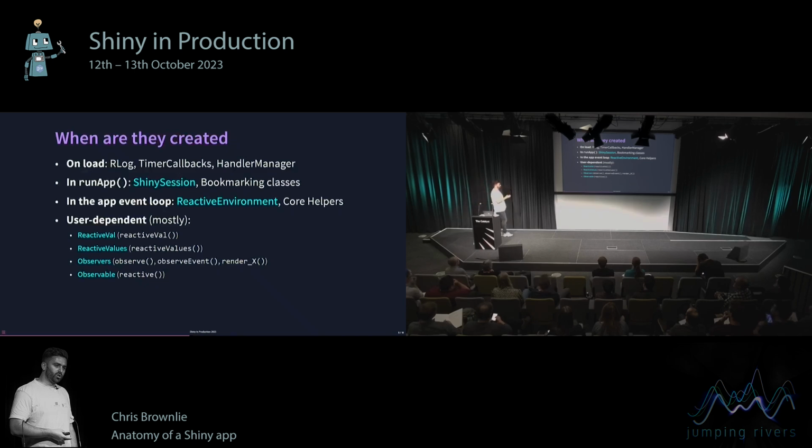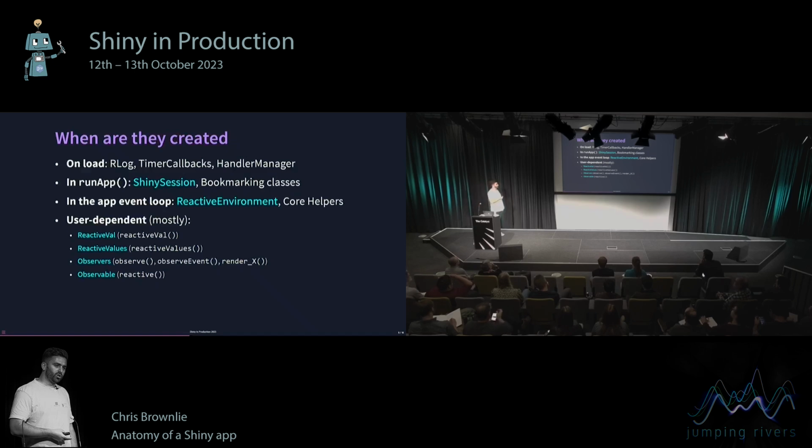There are four different places where these objects are created. Some are created when the app is first loaded. The handler manager, for example, holds the HTTP web server that Shiny uses, and the reactive log is also initiated when the package is loaded and lasts throughout the R session.